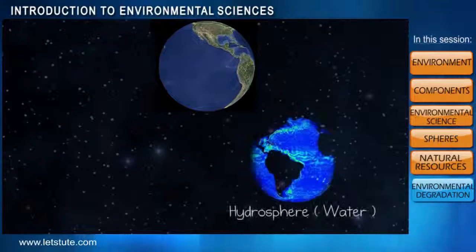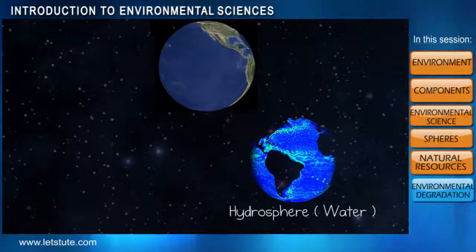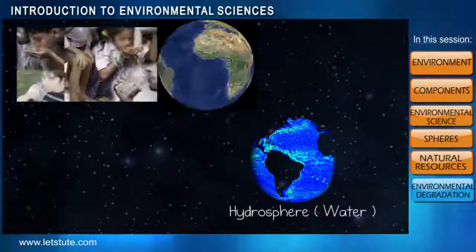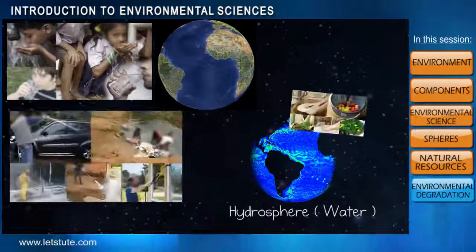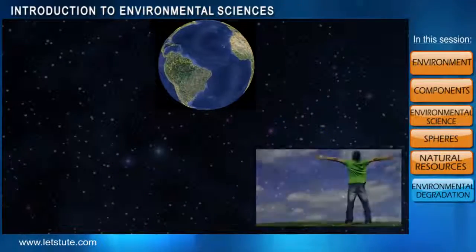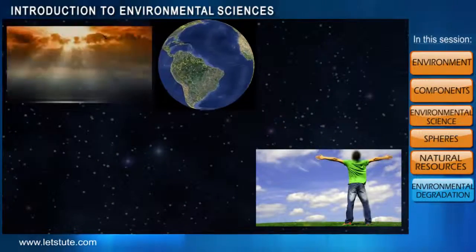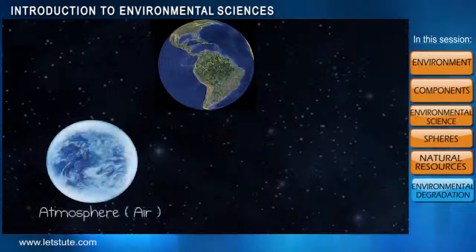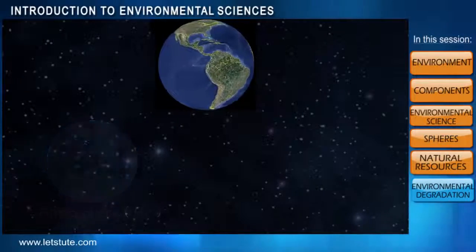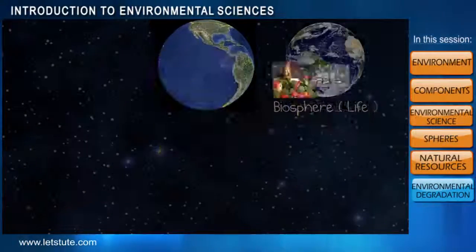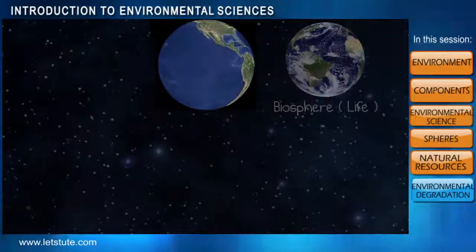Similarly, the hydrosphere provides us with water in different forms, which is useful for drinking, washing, cleaning, for agriculture, for industries. The air which we breathe, sunlight, weather, wind are all obtained from the atmosphere. The food which we eat, firewood, are obtained from the biosphere.